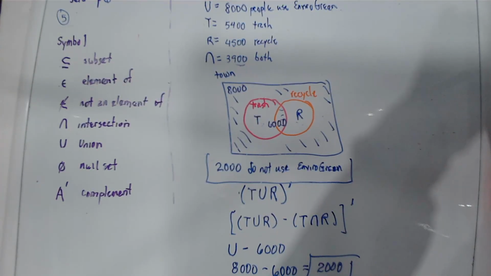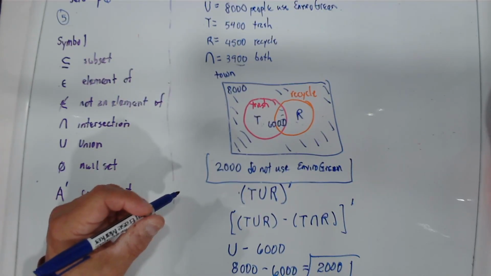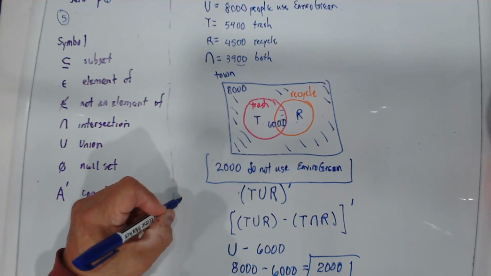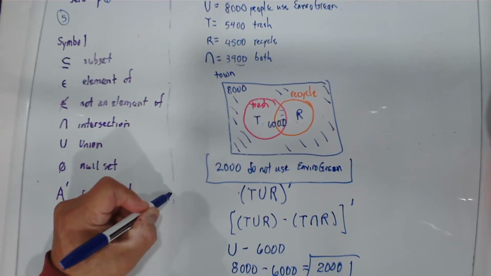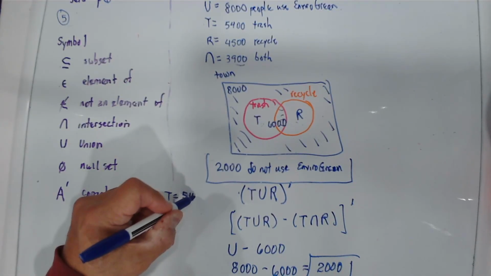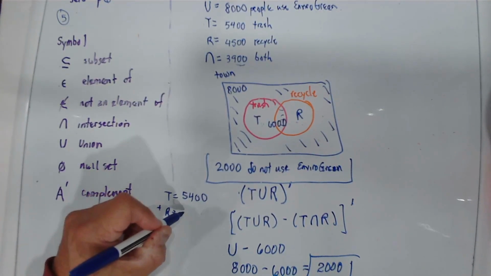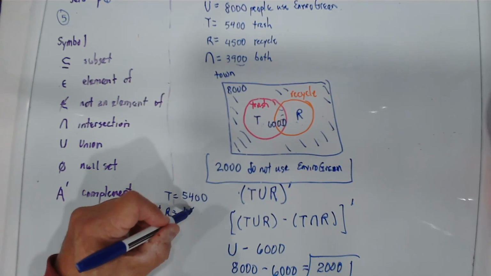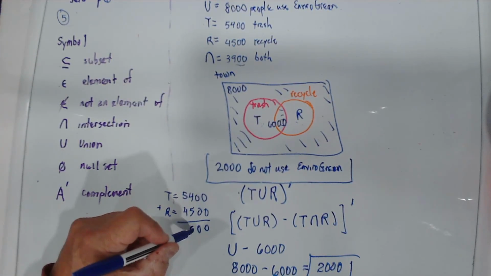We got the 6,000 by taking the total T, which is 5,400. We had T equals 5,400. And we added the R. So we add that, and R was 4,500. That gave us 9,900.